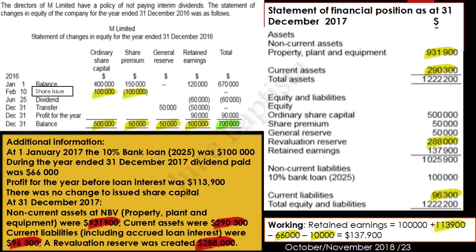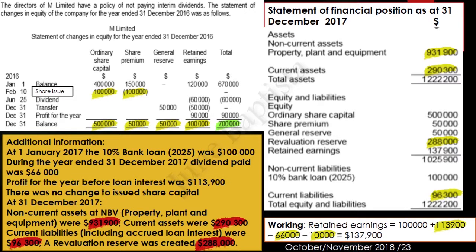With this information, let us now draw up the statement of financial position as at 31st December 2017. Before we do that, let us look at the working.